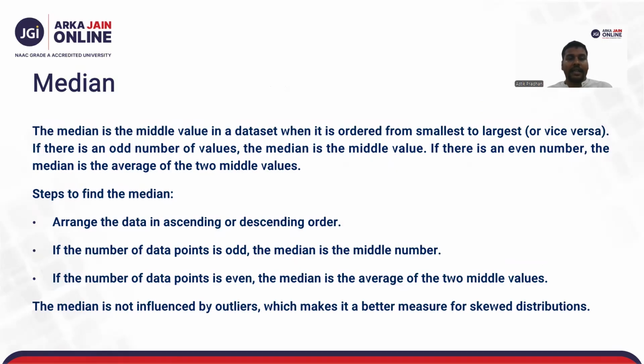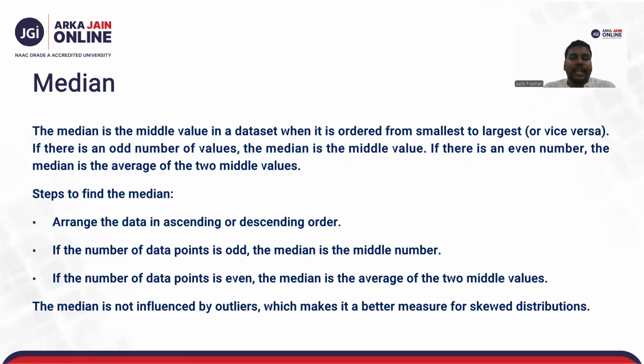The median is the middle value in the data set when it is ordered from smallest to largest, or vice versa, from largest to smallest. If there is an odd number of values, the median is the middle value. If there is an even number, the median is the average of the two middle values.